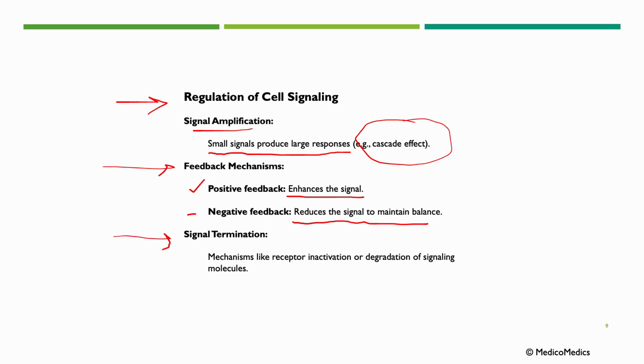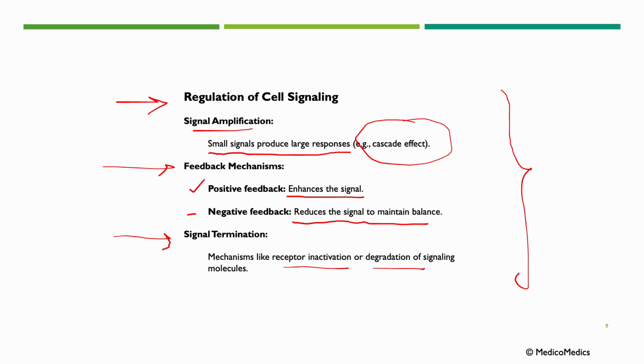Finally, we have signal termination, so mechanisms like receptor inactivation or degradation of signal molecules will terminate the signal. So cell signaling can be compared to a thermostat. It can amplify signals when necessary, but turns them off to avoid overheating.